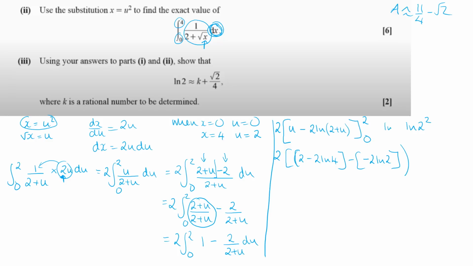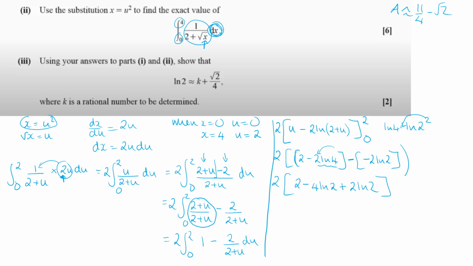And what I can do using my log laws is put that 2 in front. So this 2 ln of 4 is really 2 the ln of 2 squared. The square on the 2 can come down and join in with this. So I've got 2 minus 4 the ln of 2, and then this minus minus will make a plus 2 the ln of 2.